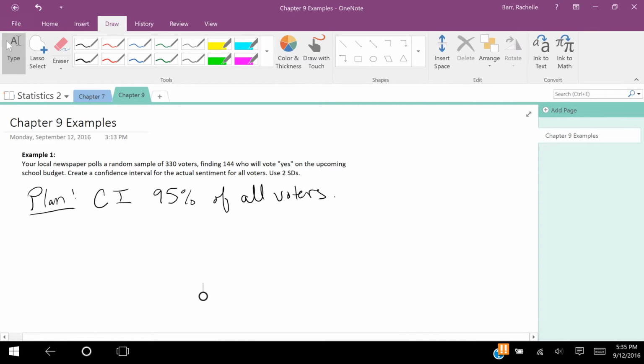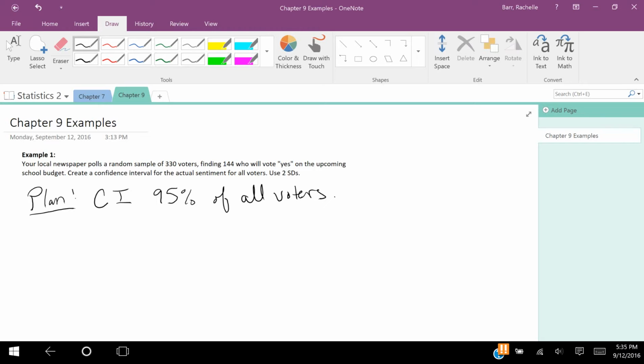We're going to vote on this referendum. So I want to be reasonably confident in my results, so I'm going to construct the interval using plus or minus 2 standard deviations in our sample, in our proportion. So we're going to be using 95%. So the idea here is I'm focusing more on the conditions and the interpretation for this example, and I'll focus more on calculation in the next one, so try to bear with me.